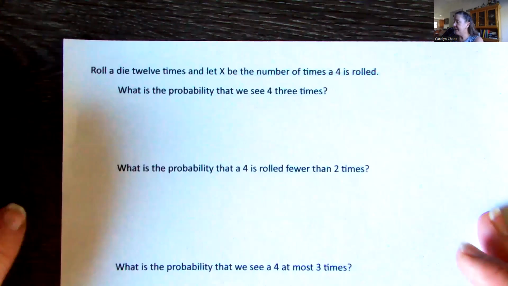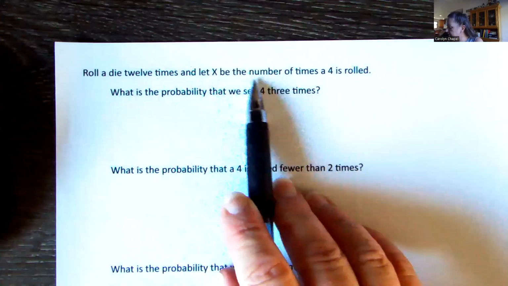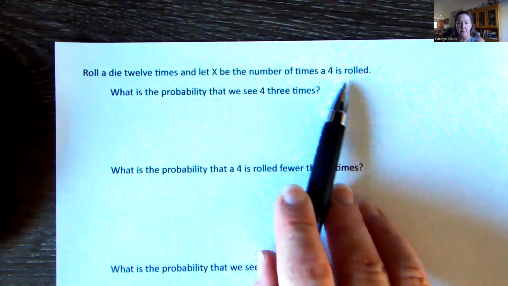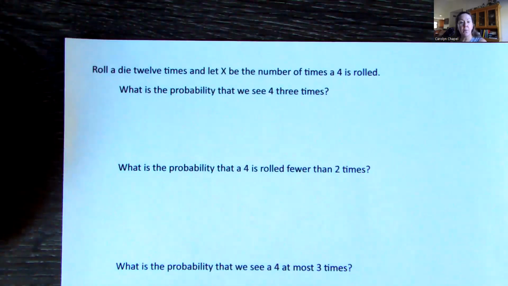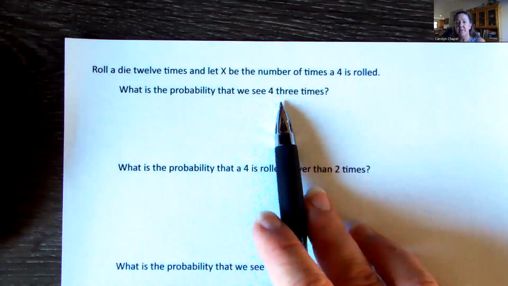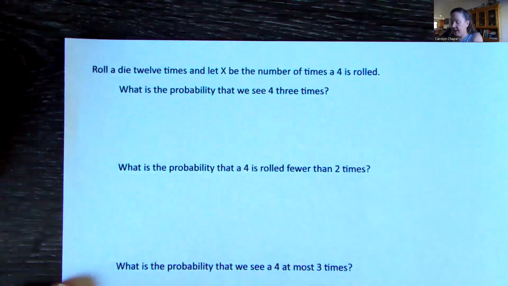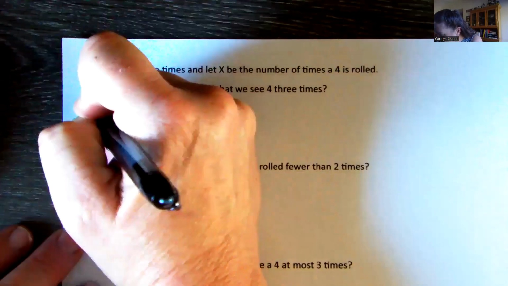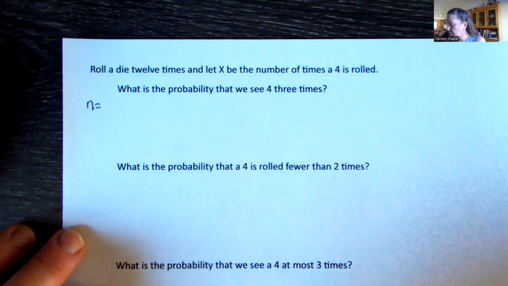Okay, so we're going to roll a die this time, and we're going to roll it 12 times, and we're going to let x be the number of times a 4 is rolled. This time I want to know what is the probability that we see a 4 3 times. So let's get our pieces. We have our n, our total number of trials, how many times we're rolling this die.